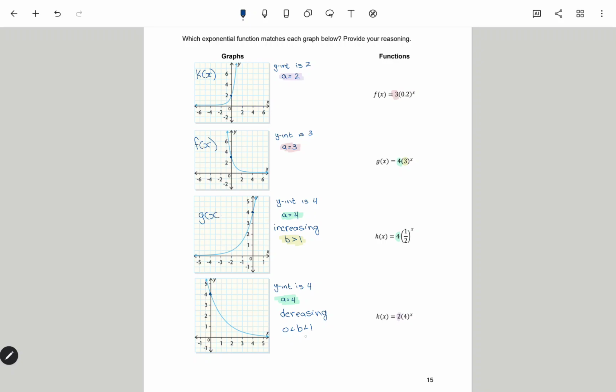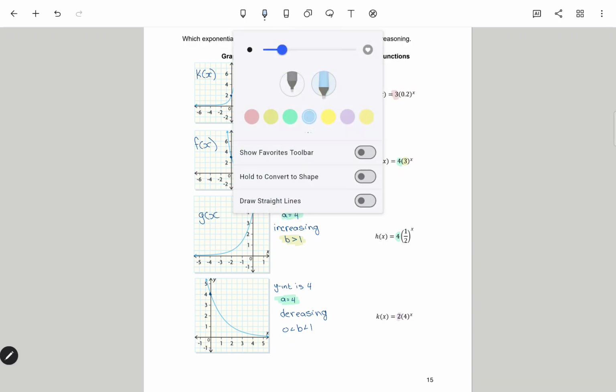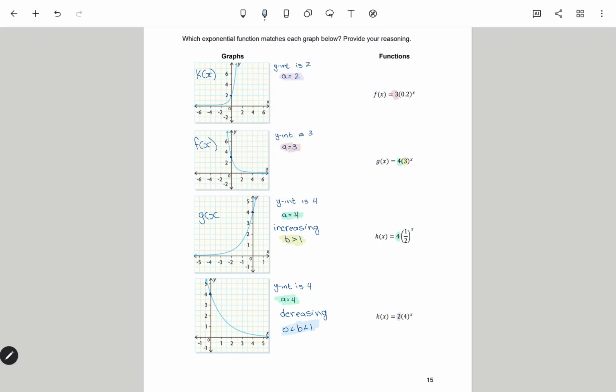And now I want a b value less than 1, but bigger than 0. And that's this guy right here. So this is h of x. All right. So there we go. We matched our graphs to our functions.